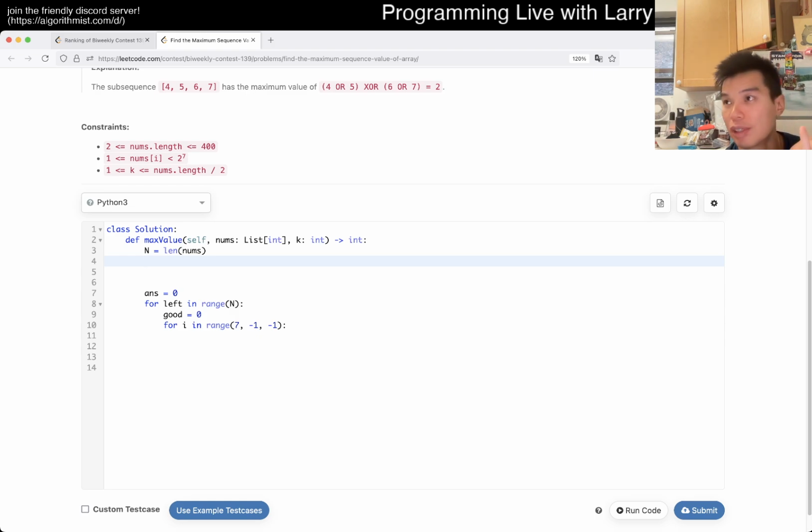Because you have to do all the combinations of all the previous ones as well. So if it was ones, then you have to keep track of all the zeros or the ones.